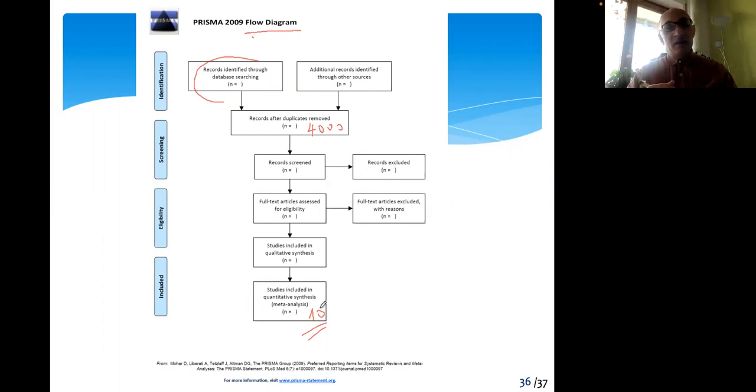But I suggest that at least you should be aware that there are guidelines for the individual study designs and which guideline applies to which study design, so that when you're reading a systematic review or meta-analysis, you should expect to see whether they followed the PRISMA guideline or any other guideline or not.